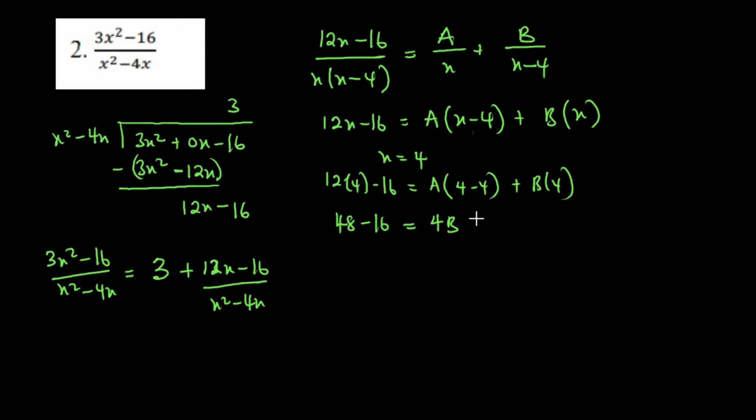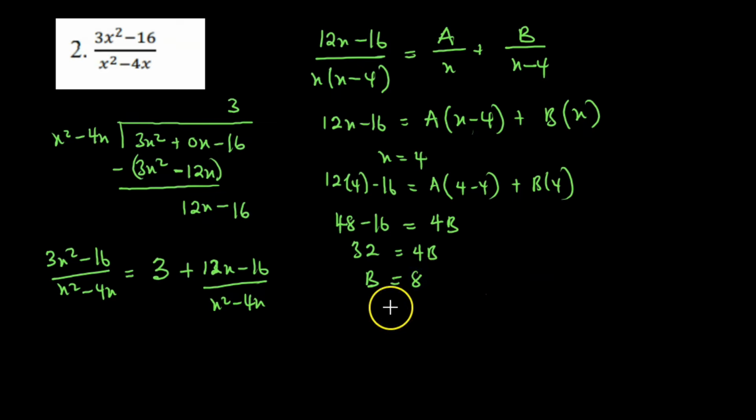So 48 minus 16 leaves an answer of 32. So we have 32 equal to 4b. So dividing through by 4, b will be equal to 8.